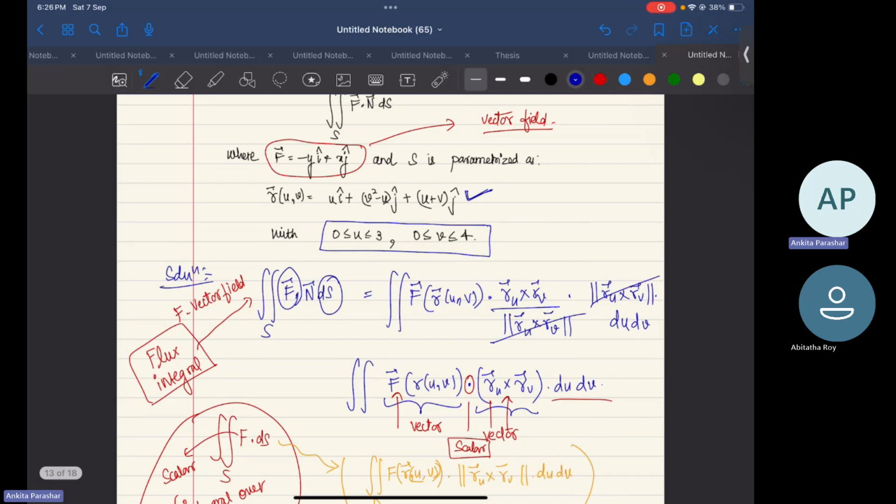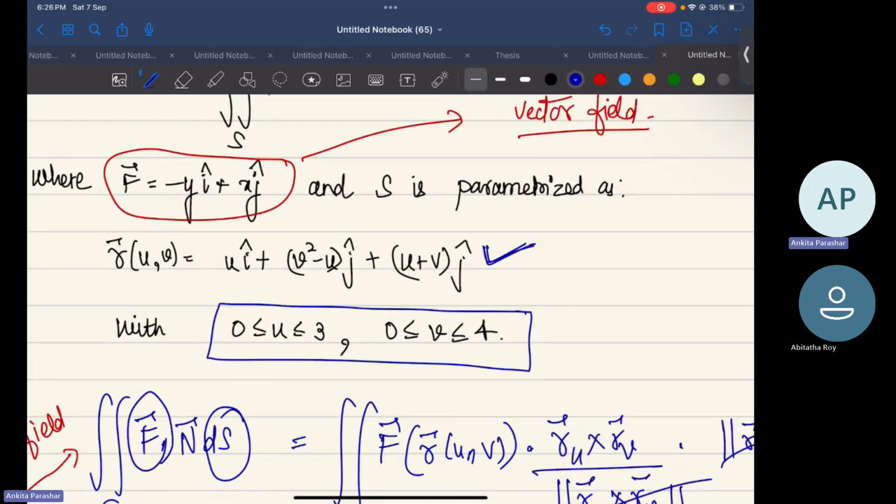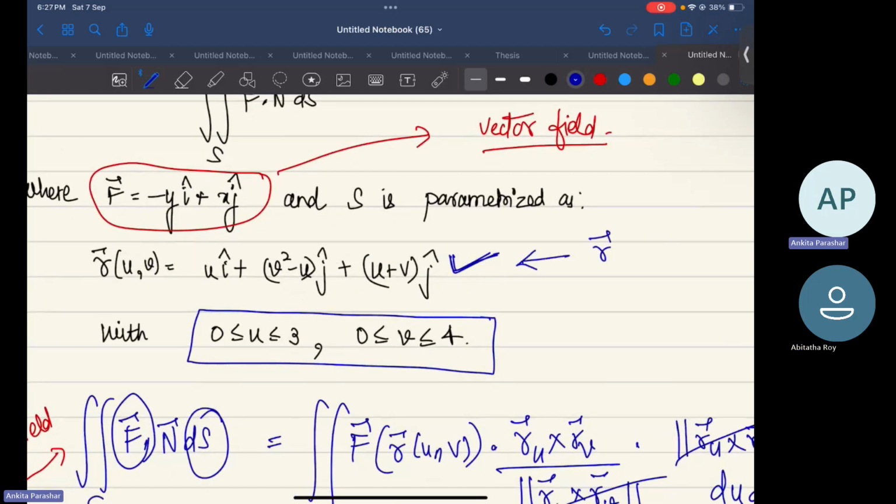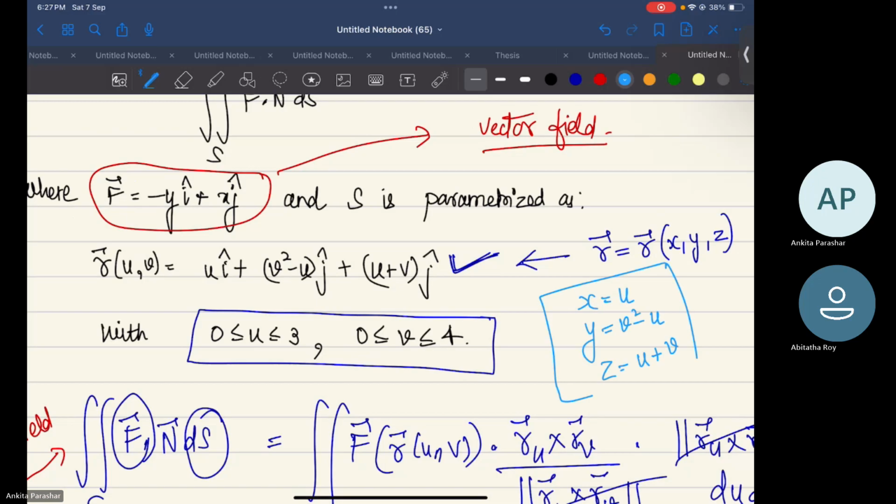Let me just tell you once more. This parameterization is like for any r which is r of x, y, z. That means x is u, y is v square minus u, and z is u plus v. This is how one needs to see the parameterization.